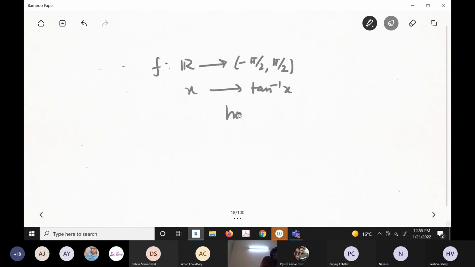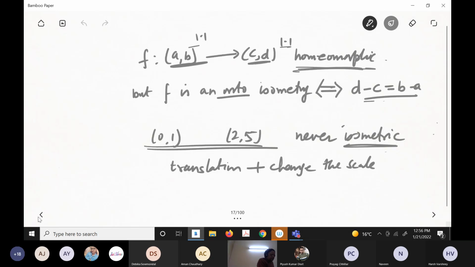This gives you a homeomorphism. But of course, completeness is not preserved. Here it is complete, here it is not. So completeness is not a topological property. But that's not a bad thing, that's actually a good thing that we have that. Make sure that the previous example I have given you, you should be able to do it.